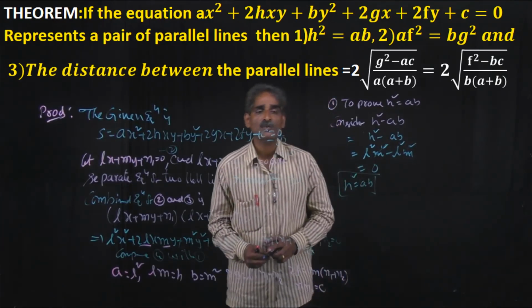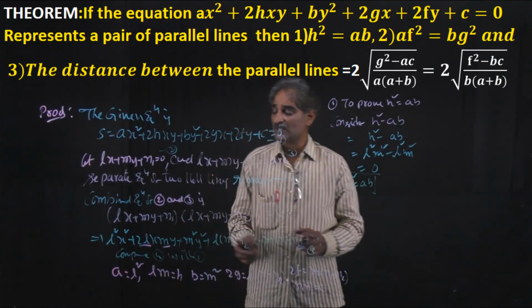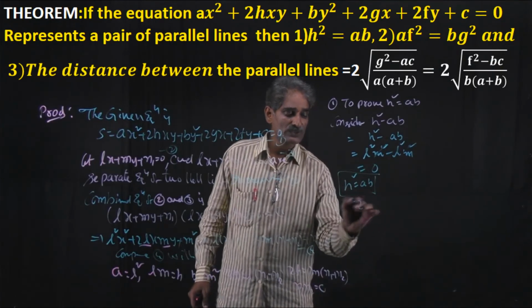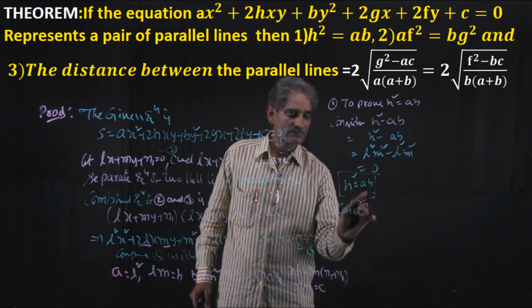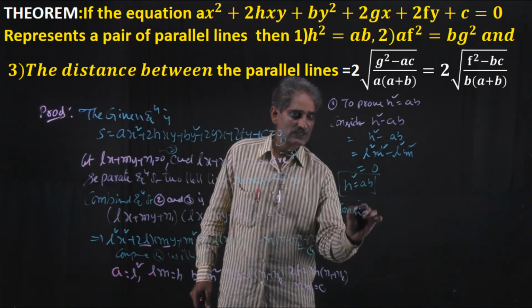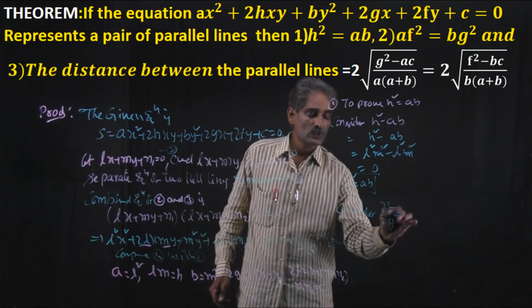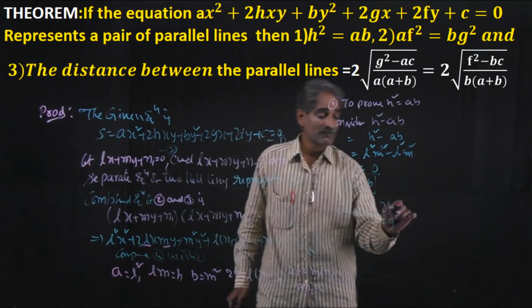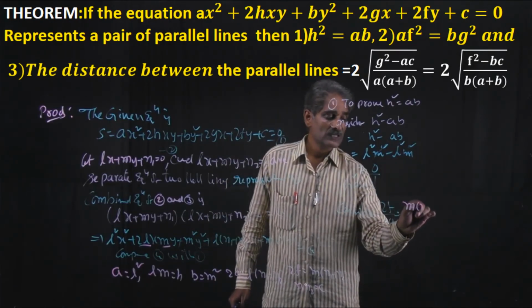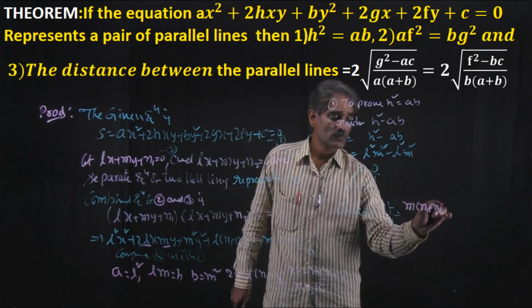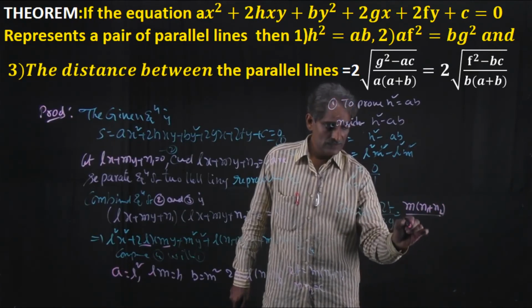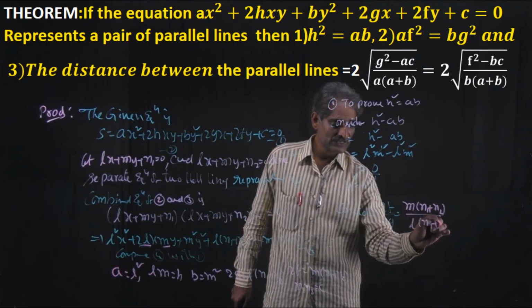Next one we have to prove AF square equal to BG square. For that, just find out 2f by 2g. What is 2f value? M into (N1 plus N2) by L into (N1 plus N2).